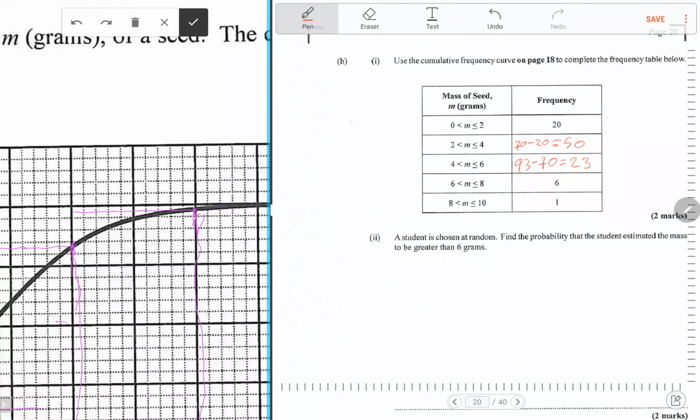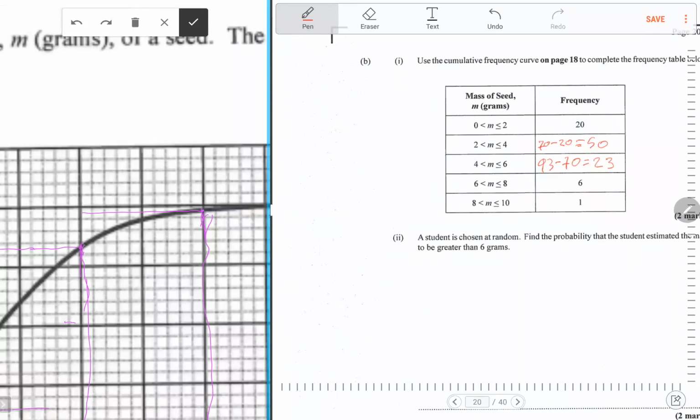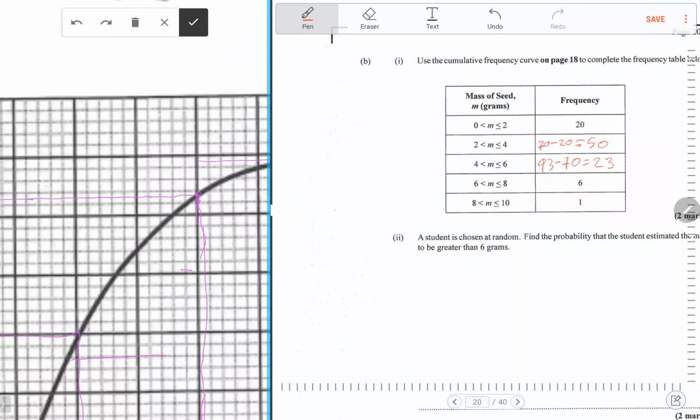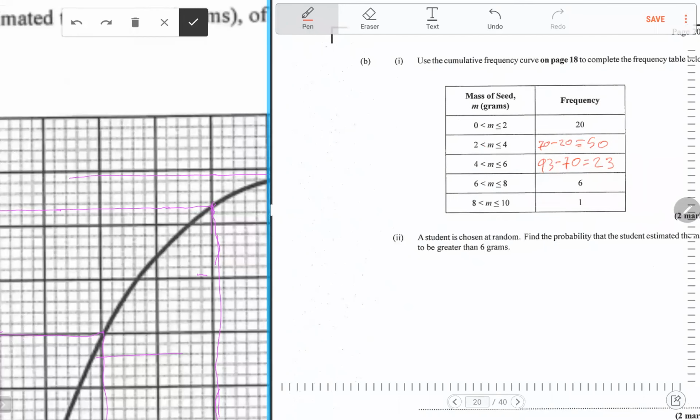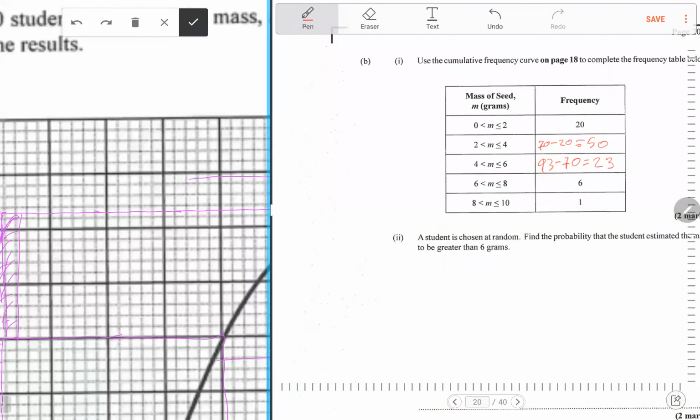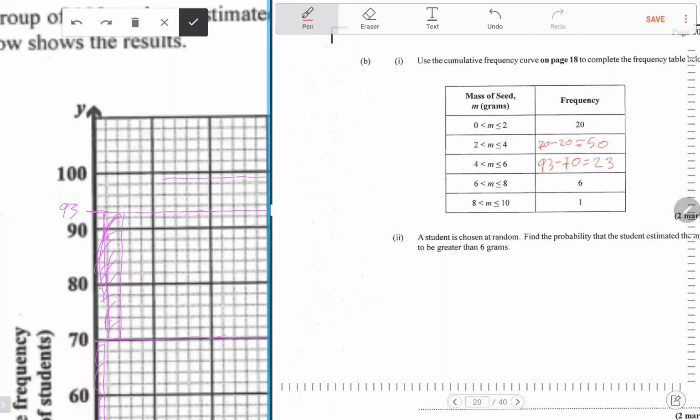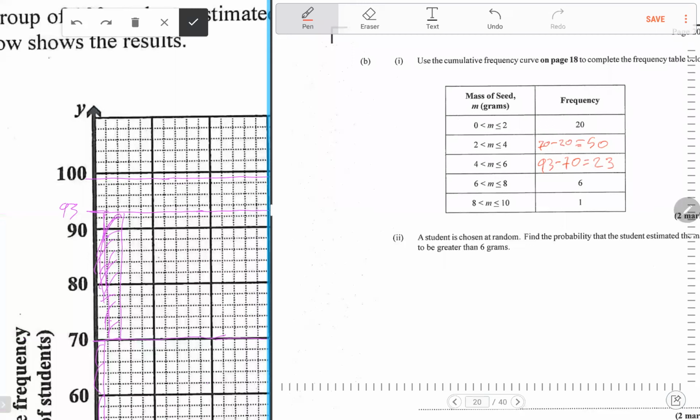Everybody can see that? Yes, sir. Let's go across and see that block of students there. And that is 99. See that? So it's right between 99 and 93. So that gives us the 6. It's 99 minus 93.